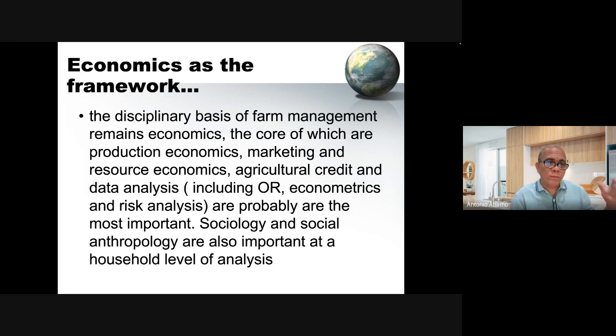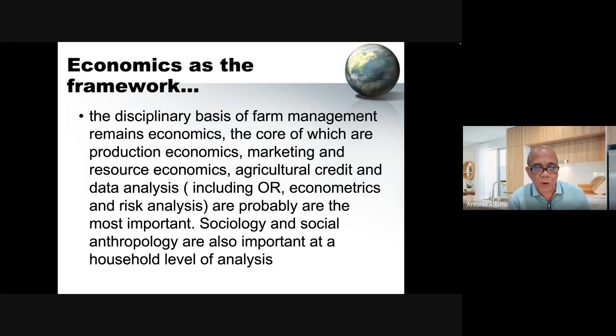Because when we manage agricultural production, when we manage a farm, a farm has a non-monetary objective also, compared to a factory, which has an almost entirely economic or monetary objective. Marketing and resource economics, agricultural credit are the most important.